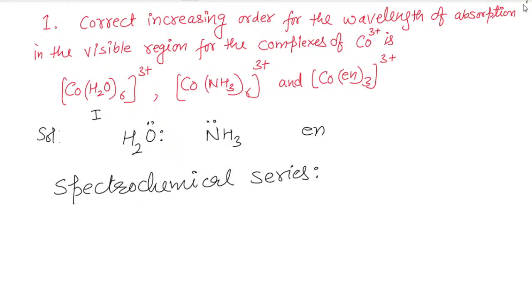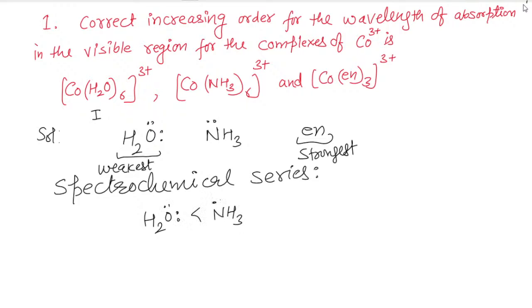According to the spectrochemical series, out of these three, H2O is the weakest ligand and en is the strongest. Means order according to spectrochemical series, H2O is weakest, then comes ammonia and then en.